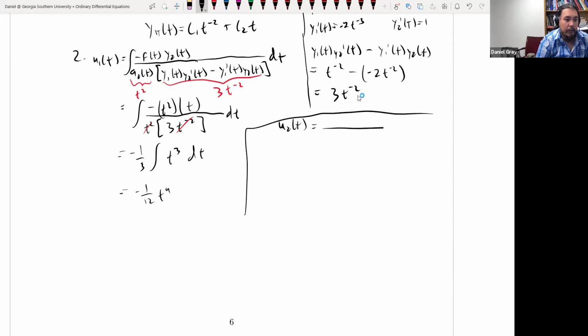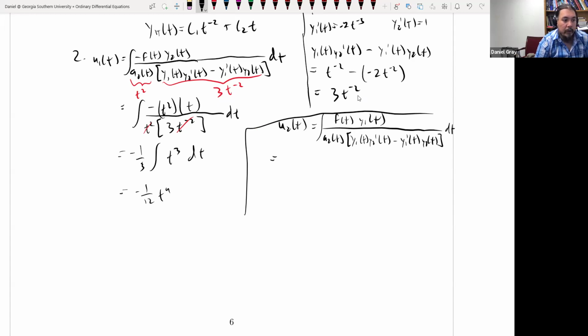A very similar formula here. I'll go ahead and write it out again. So it's a positive f of t times y1 of t over a2 of t times the same denominator. So it's y1 of t times y2 prime of t minus y1 prime of t times y2 of t. We're integrating this with respect to t.